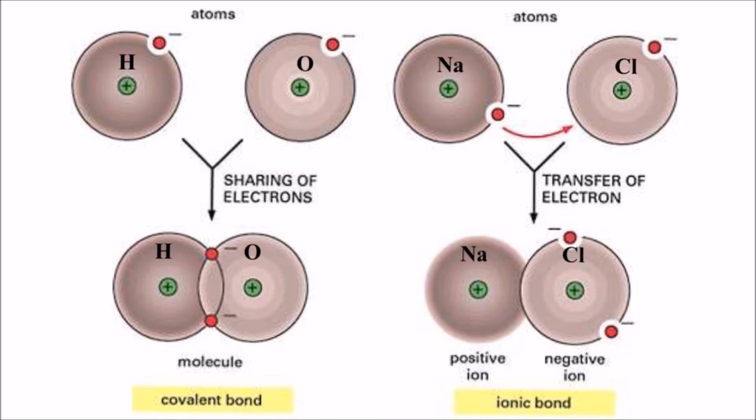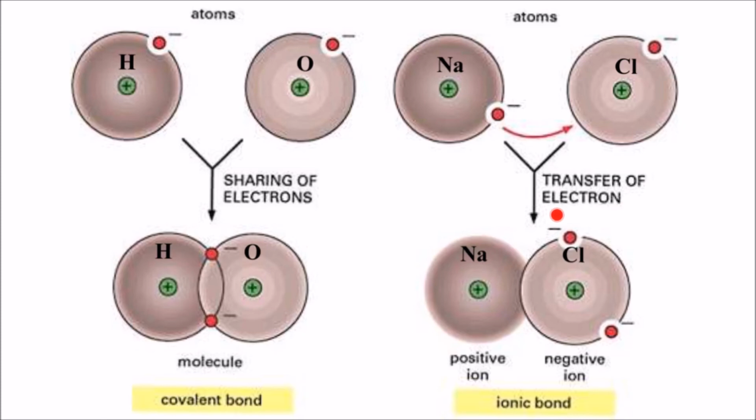Now, let's look at this ionic bond between our metal, sodium, and our nonmetal, chlorine. What happens is chlorine has so many protons in the nucleus, it's like the bully on the playground. It comes up here to this sodium, spots this little electron floating around here all by itself, and it yanks it away from sodium.